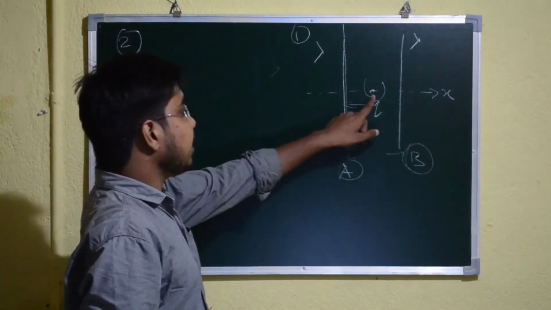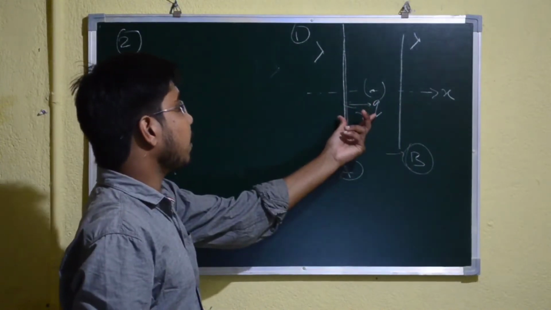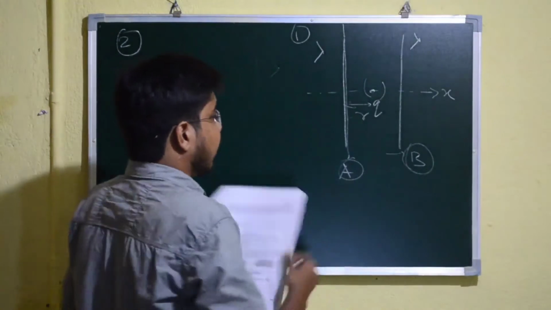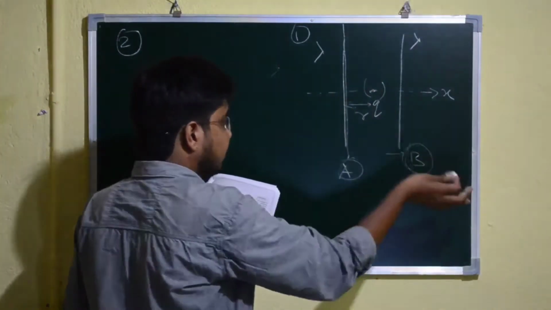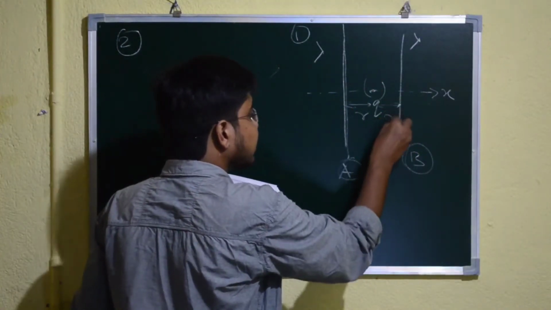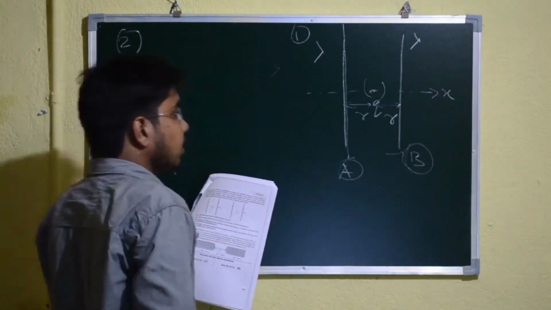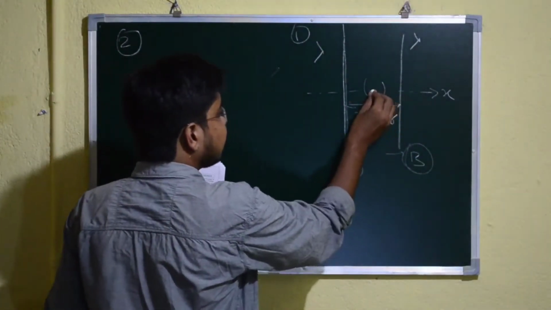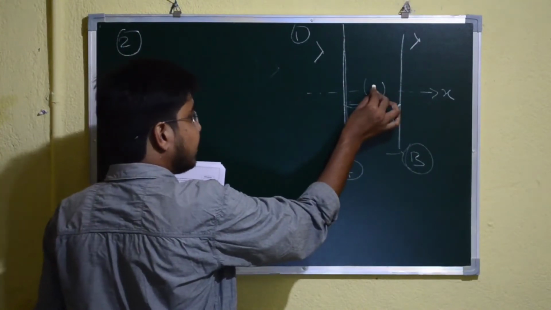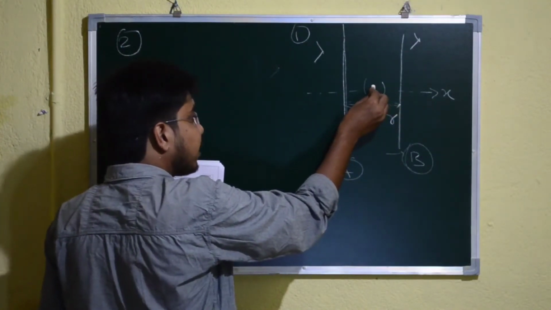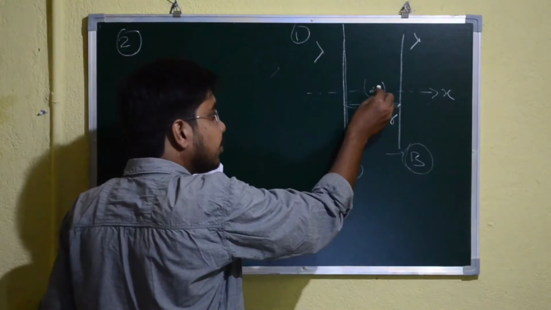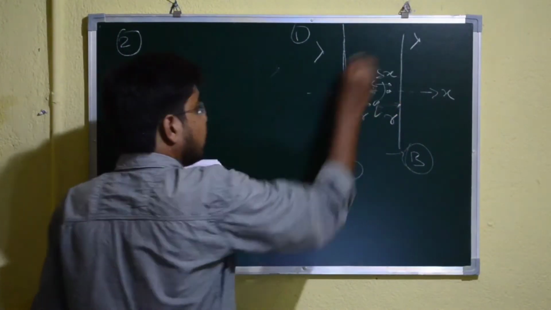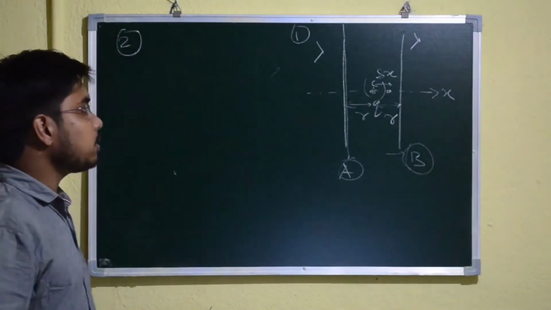If this plus q charge is at a distance of r from infinitely long wire a, and as it is at the midpoint, then it must also be at a distance r from b. Now suppose this charge is here at the equilibrium position. What I have done here is I just displaced it by delta x towards the right.